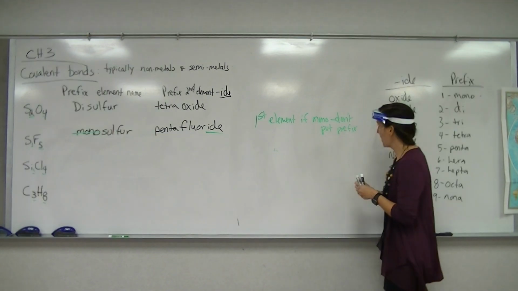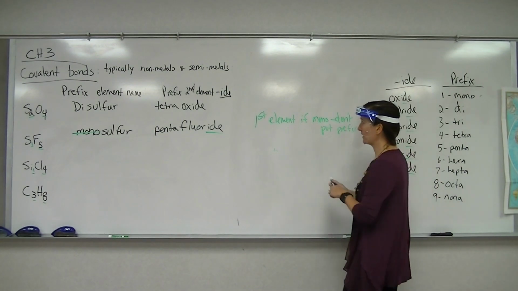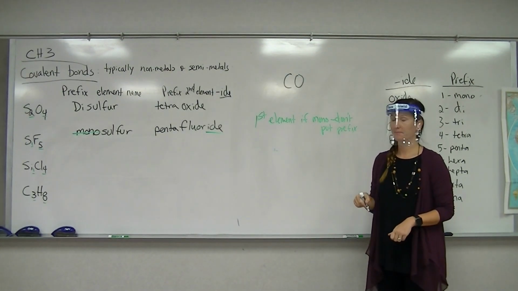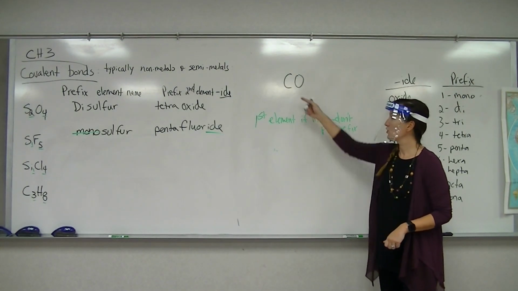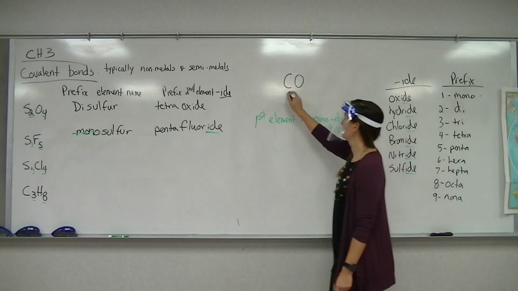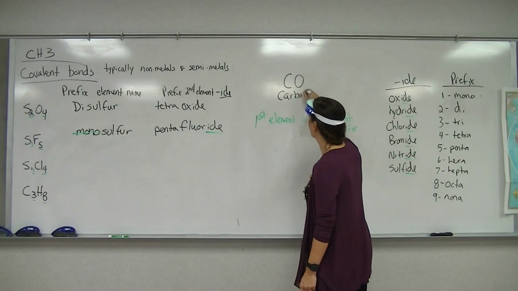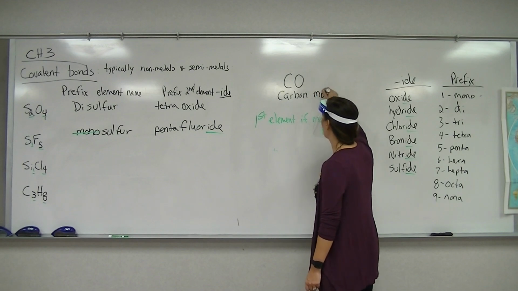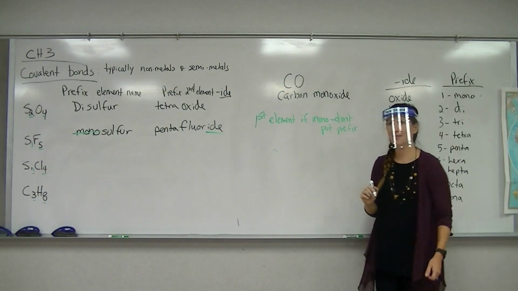If you haven't watched the PowerPoints yet, it might make more sense if you look at CO, for instance. You actually know what this is, you've heard of it. It's carbon, and then oxygen. There's only one, so we would write monoxide. So carbon monoxide.